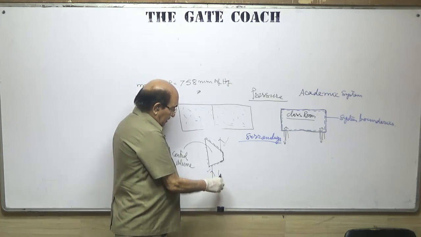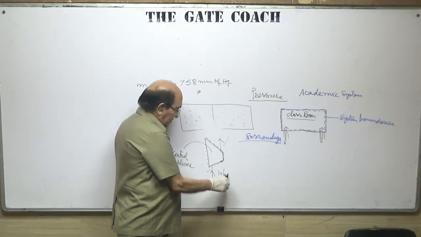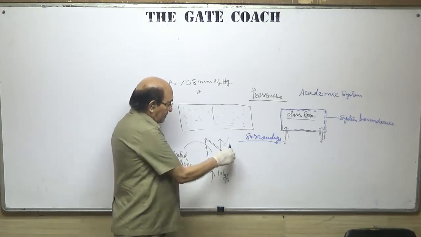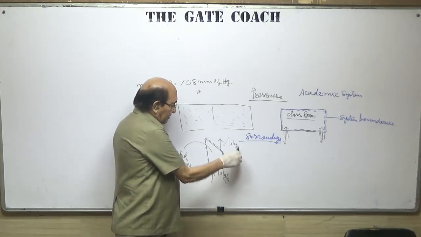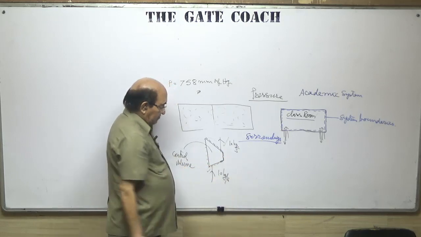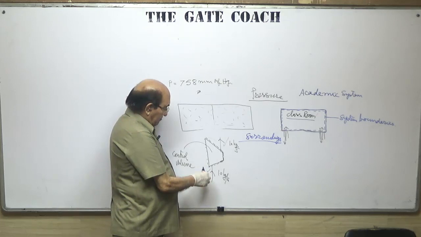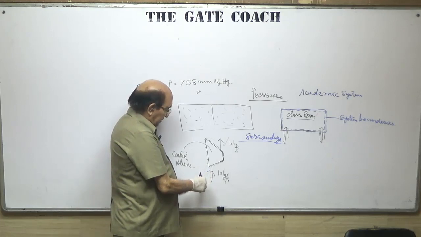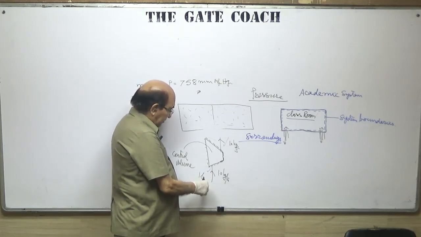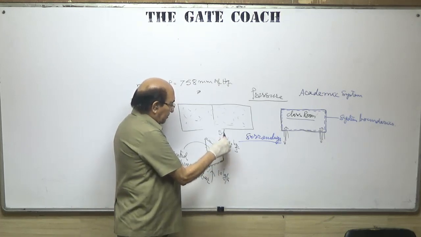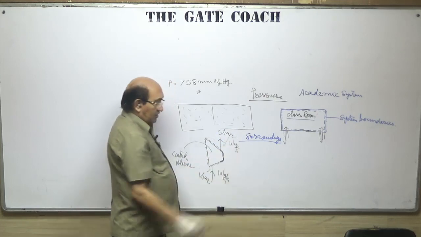Say 10 kg per second coming in, 10 kg per second going out. It is entering at some pressure, say atmospheric pressure 1 bar, going out at a pressure of 5 bar.